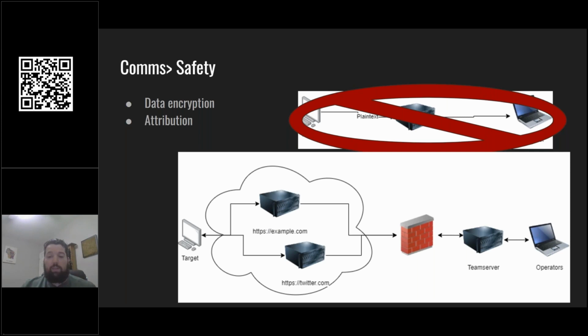And then keeping your C2 server behind a firewall so that only the traffic you truly want gets to it will make it a lot easier to maintain the integrity of the team server, so that you make sure no other actors are interfering with it, and also that it's not as easily identified by security vendors.